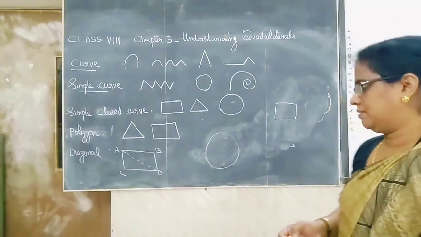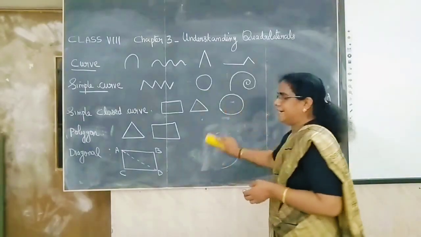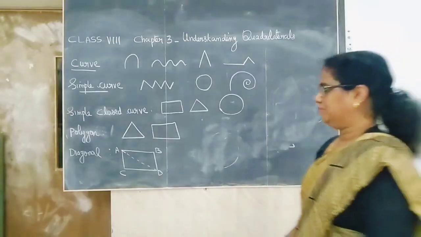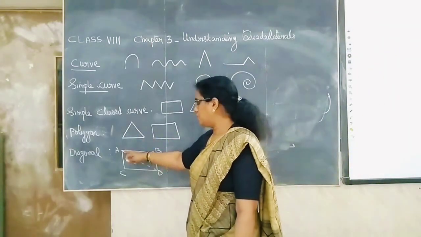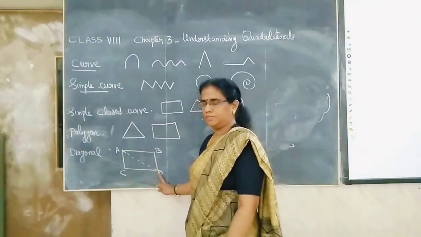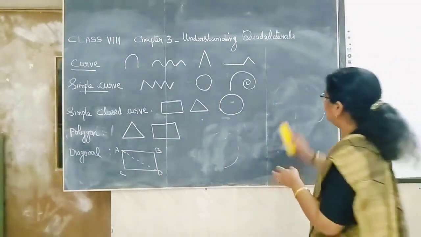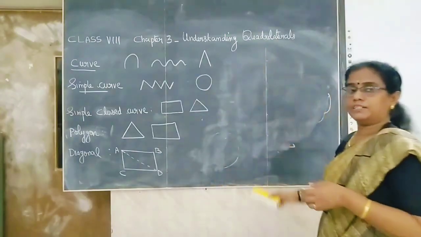Now, diagonals. Diagonals means, in a polygon, the line joining non-consecutive vertices. When we draw a rectangle or any polygon, different types of polygons are there.